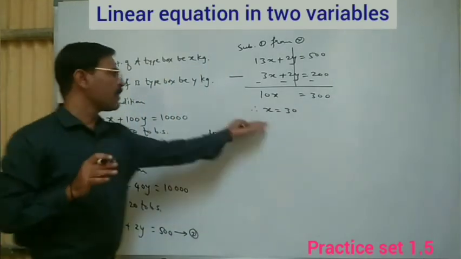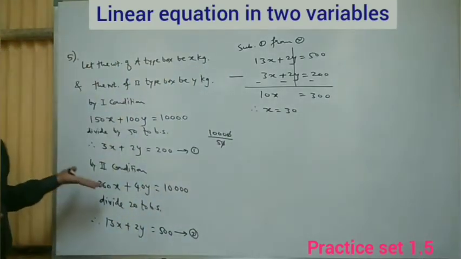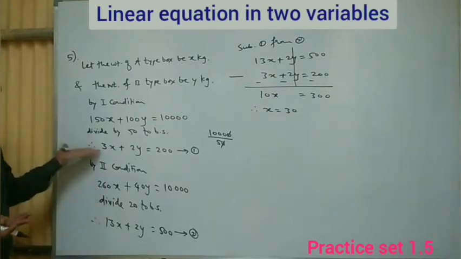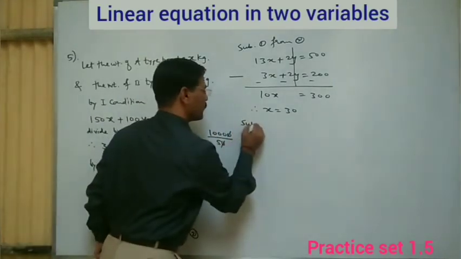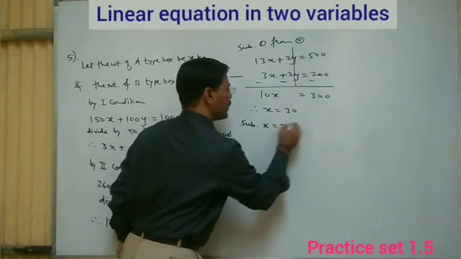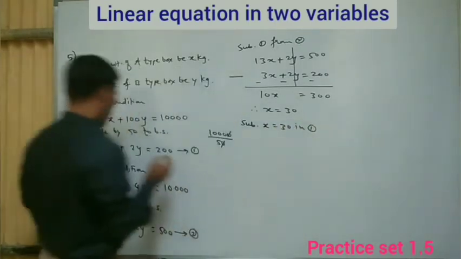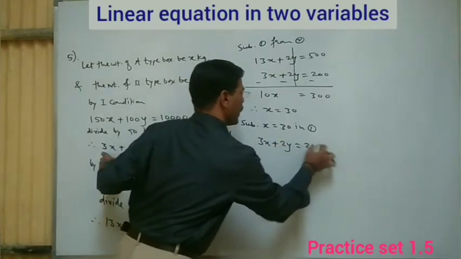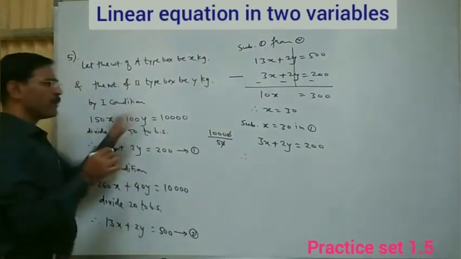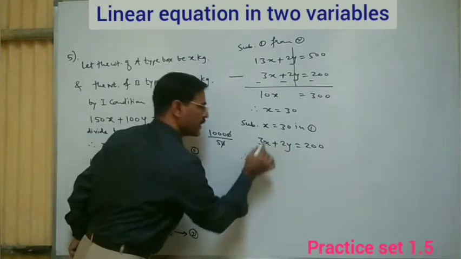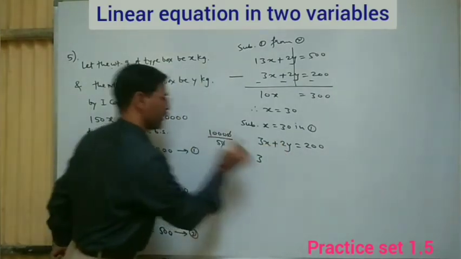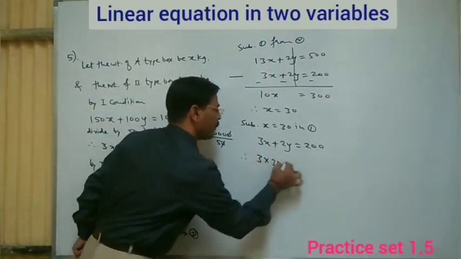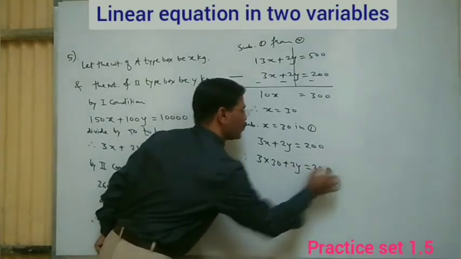Understand? This value we can put in any one of equation number 1 or 2. I will put it in 1. Substitute x equal to 30 in 1. So 3x plus 2y equal to 200. Put the value of x in this first equation: 3 into 30 plus 2y equal to 200.